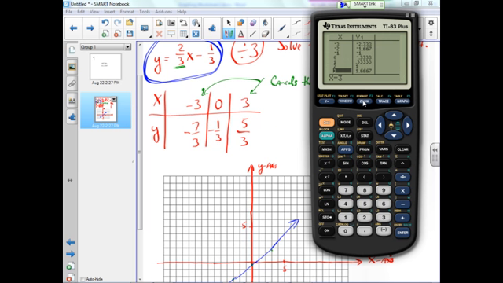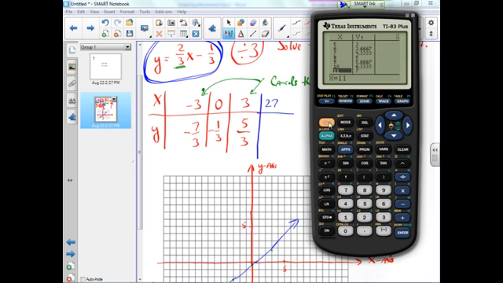And since we're talking about the table, what if I said, well, I wonder what y is when x equals 27? So I'm saying x equals 27, I wonder what y is. Well, we could plug 27 into our original function, or we could just scroll up looking for x equals 27. Now that's going to take a while, isn't it?